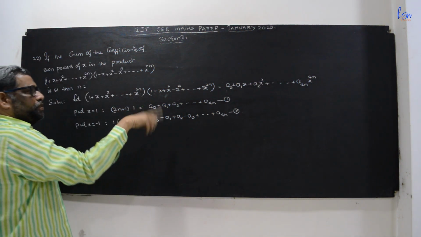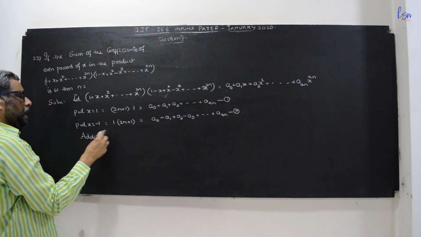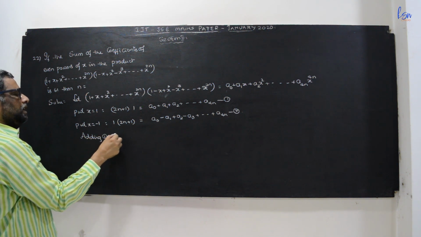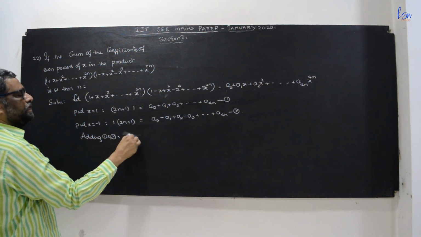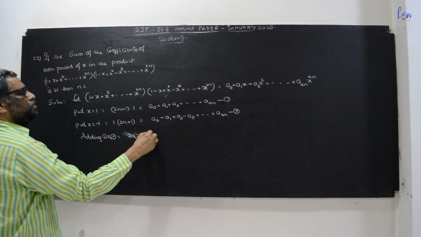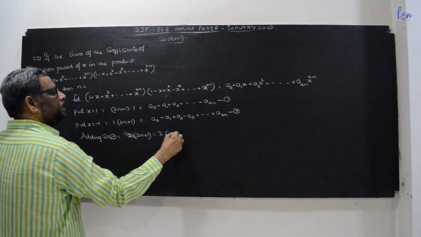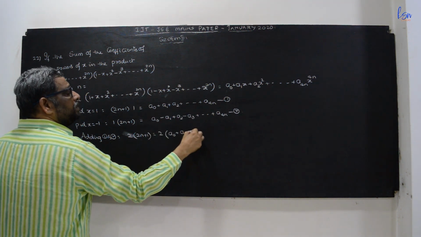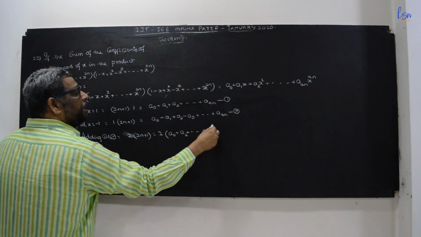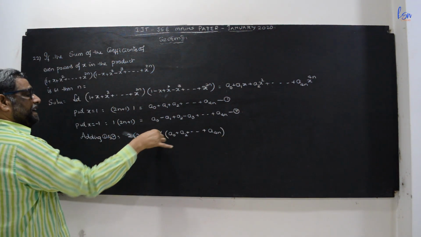So adding these two equations, 1 and 2, the left hand side has the same value, so it is 2 into (2n + 1), which equals 2 into (a0 + a2 + ... + a4n), and the odd terms cancel.